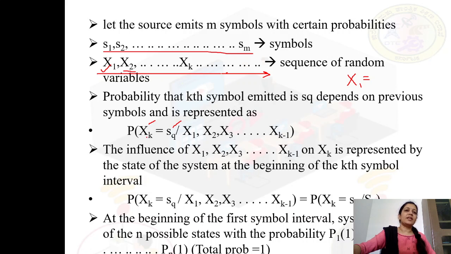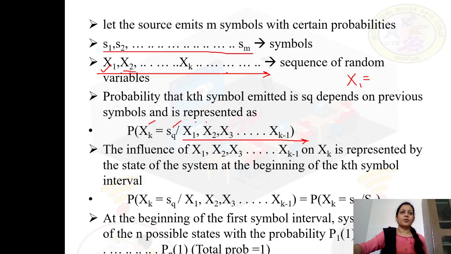Since it is the kth interval I am considering, and due to the fact that it is a dependent sequence, that is, the sequence is emitted by a source with memory, we are very clear that the occurrence of xk depends upon all its previous symbols, x1 to xk minus 1. Therefore, the emission of a symbol during the kth random interval depends upon all the symbols that were emitted during its previous random time intervals, that is x1, x2, x3, up to xk.